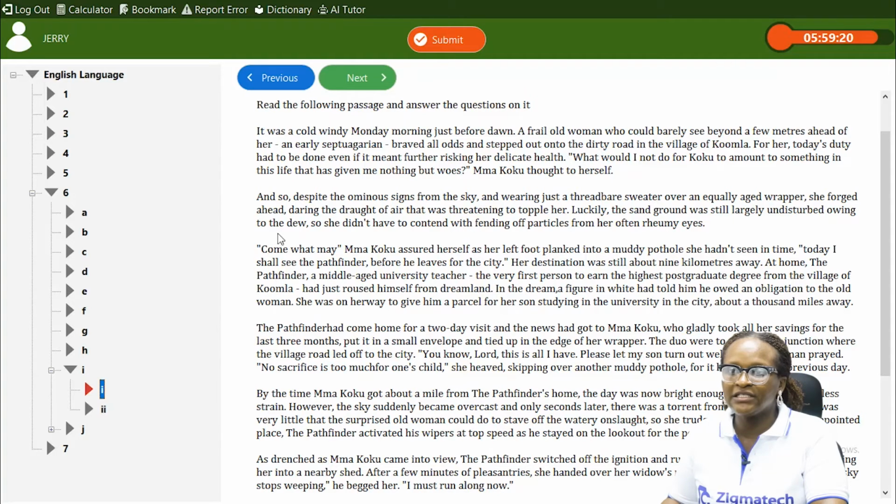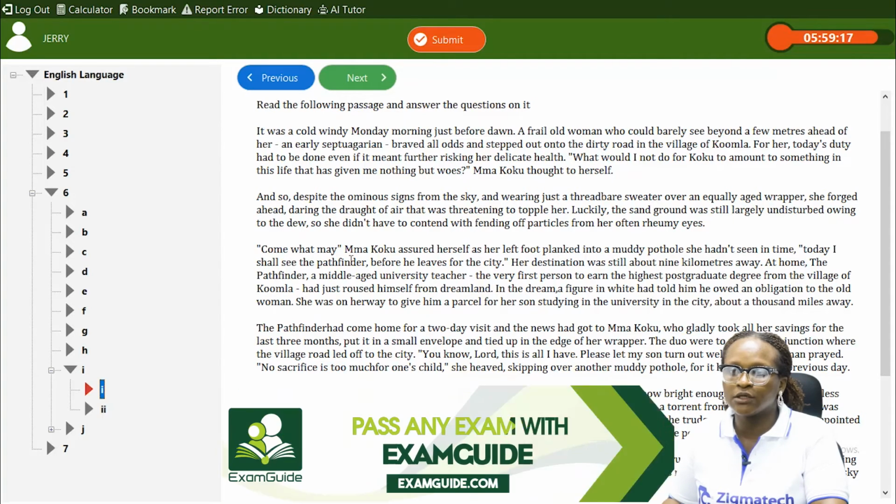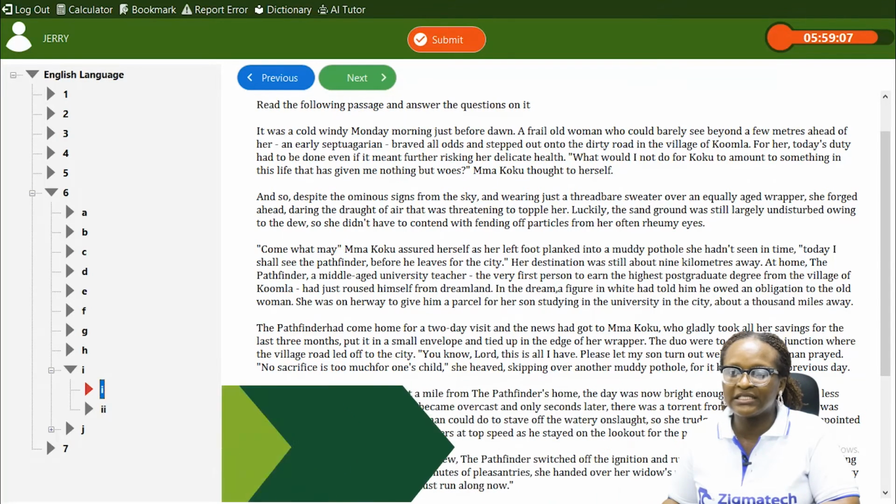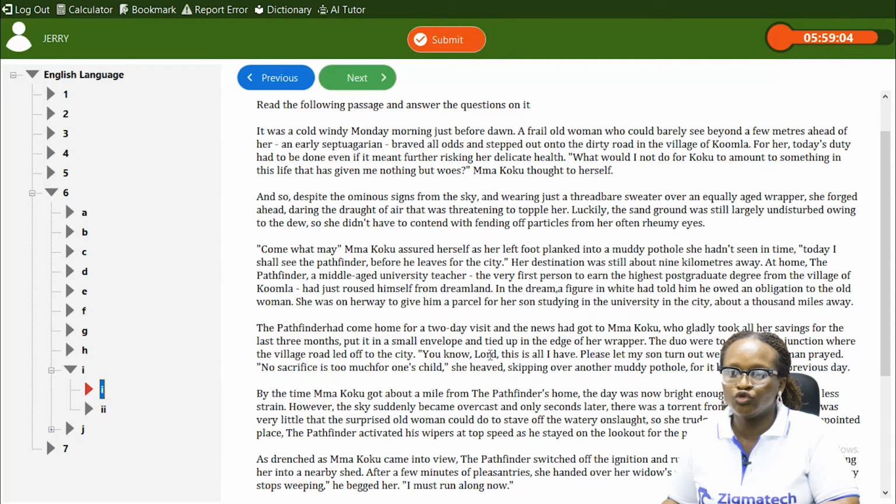So I'm going to find that subordinate clause, before he leaves for the city. That's exactly what I am looking out for. Why? Because it will help me to identify the function. Obviously, that will be the next thing I will be asked to do. So I really need to find it. Should I go through reading it again?